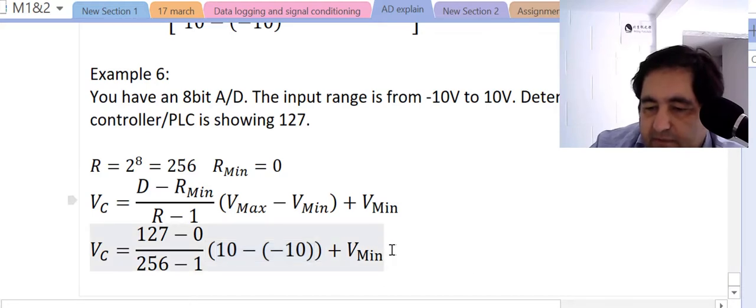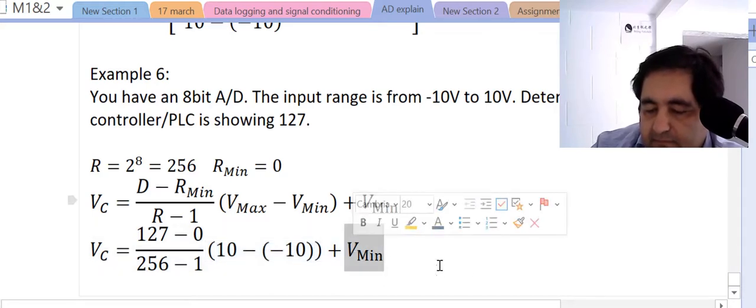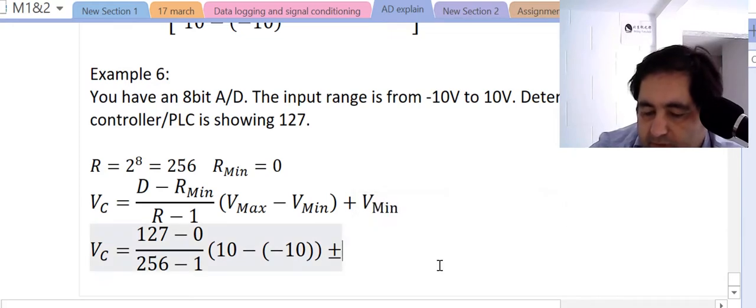And how much is V min? V min again equals minus 10 volts.